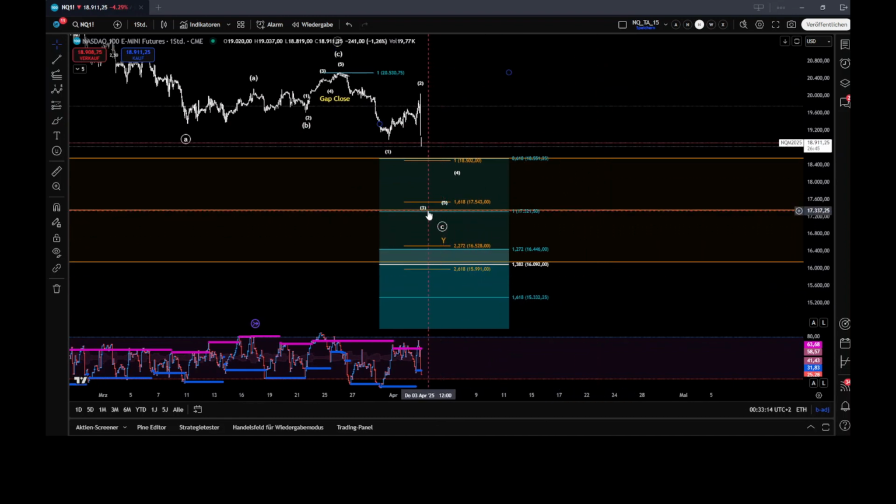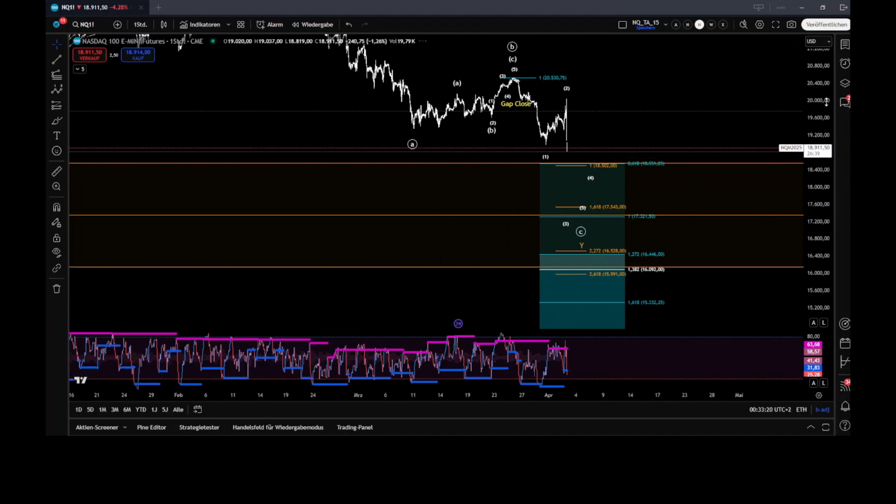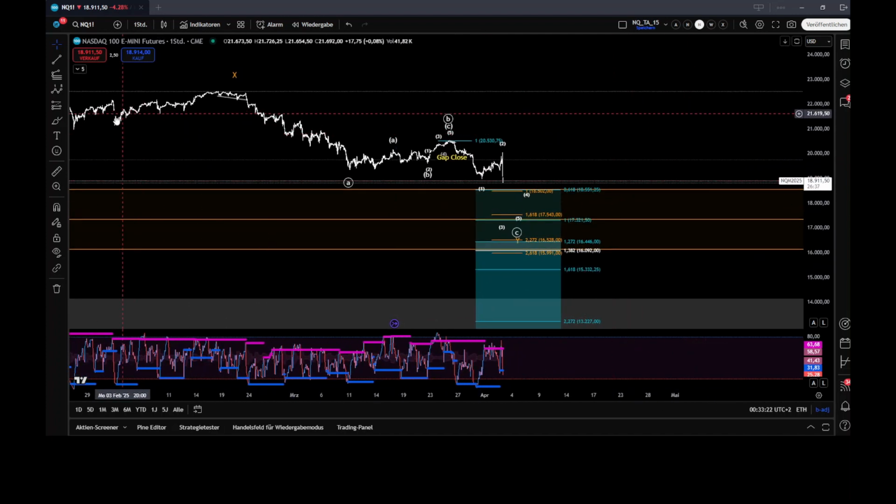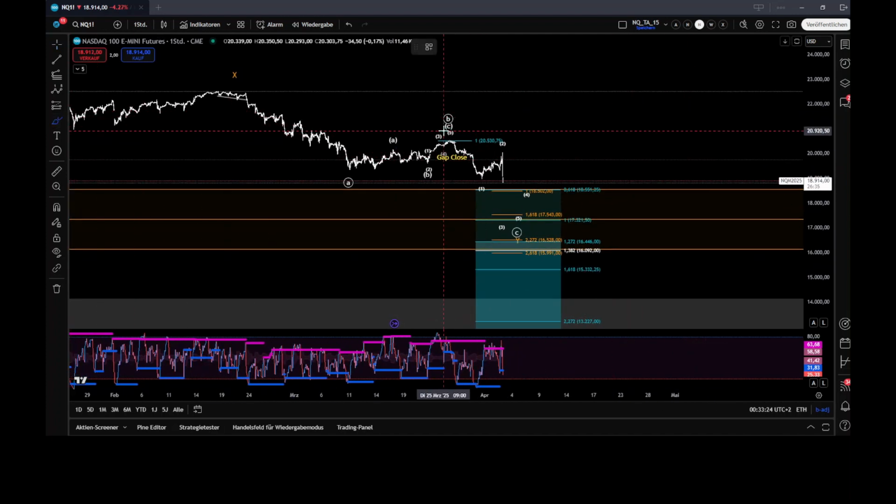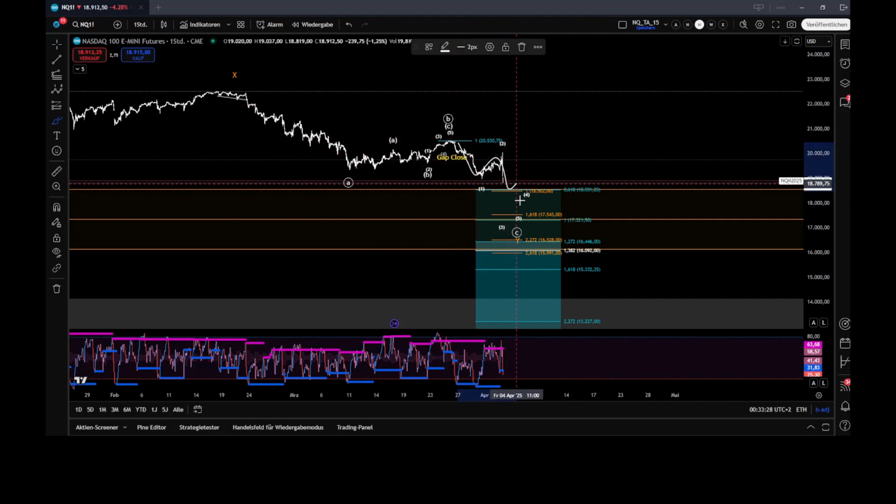Our wave 3 should bring us at least a little bit further down, but I have to say also the WXY correction, the Y wave, or the C wave of the Y wave, is relatively short.